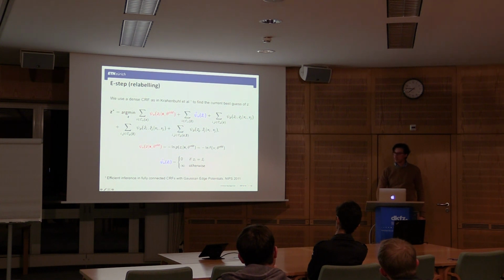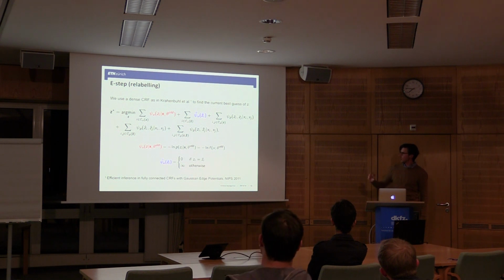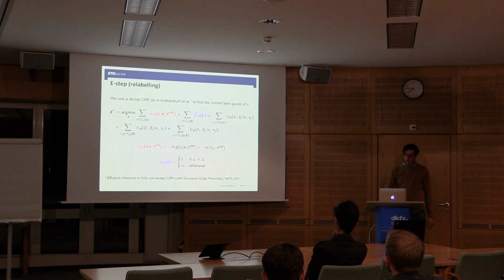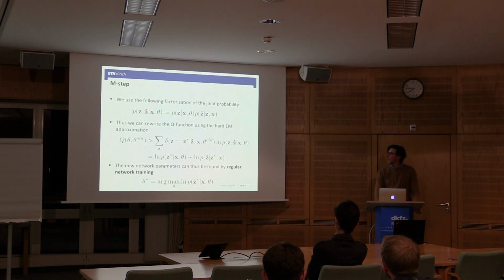But then also everything wants to be similar to its neighbor. So you have these pairwise terms between scribbled and unscribbled pixels and all the combinations. And this pairwise term, we simply chose the same one as described in this work here, so I won't go into details. And what's cool is this can be solved very efficiently, again, using the technique described in this paper. And you can get a new labeling Z star.